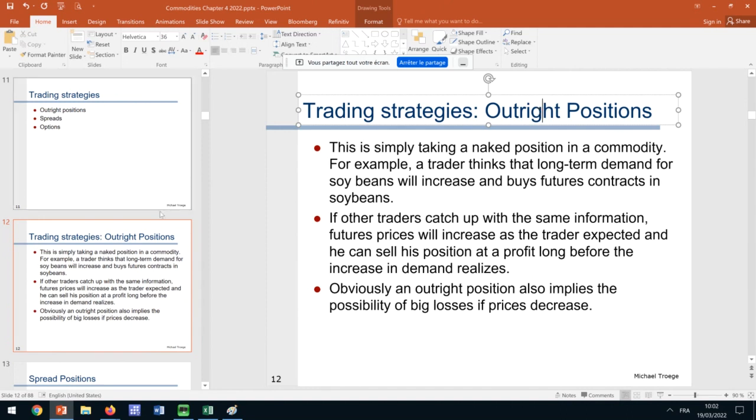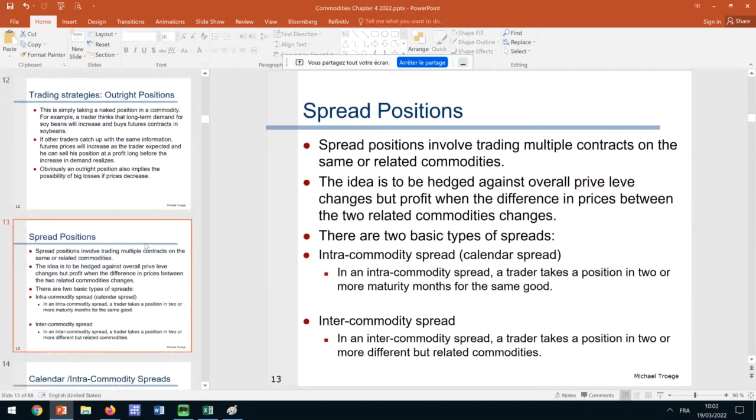Normally, traders will have more complicated and less risky positions, typically called spread positions. We have already talked about the intra-commodity spread and the inter-commodity spread. Spread positions are positions where you combine a long position in a futures contract with a short position.